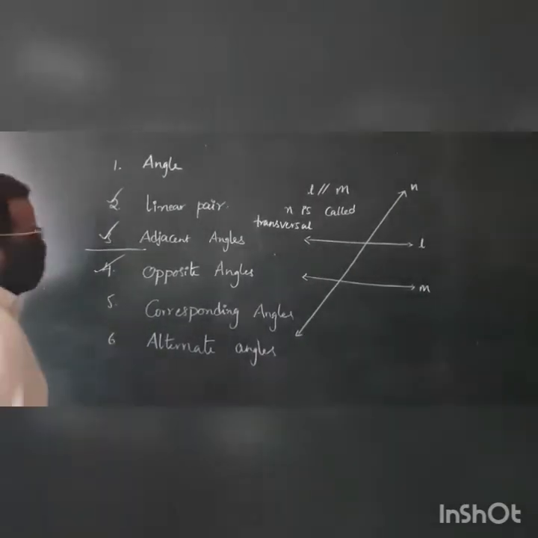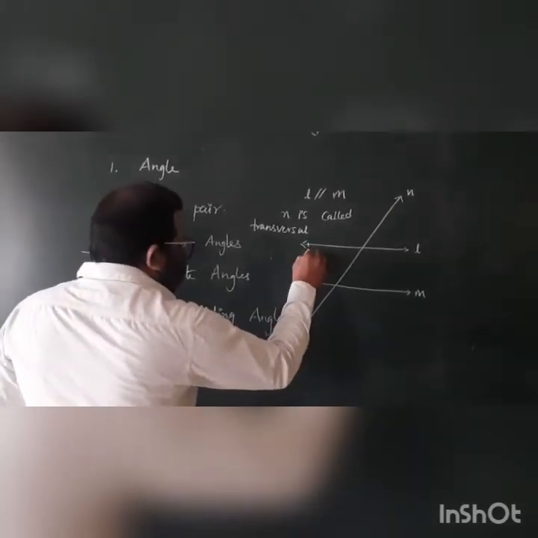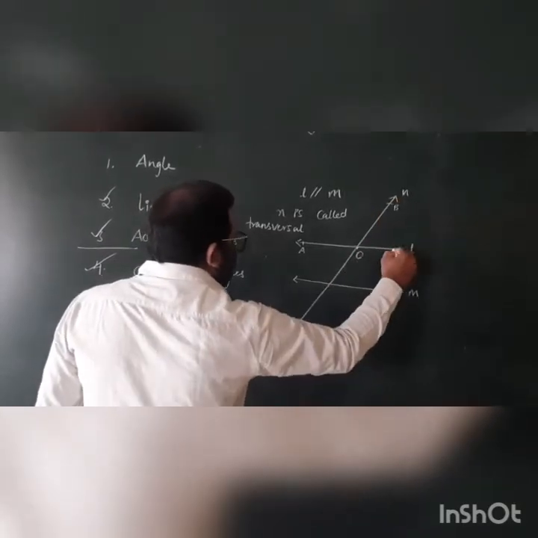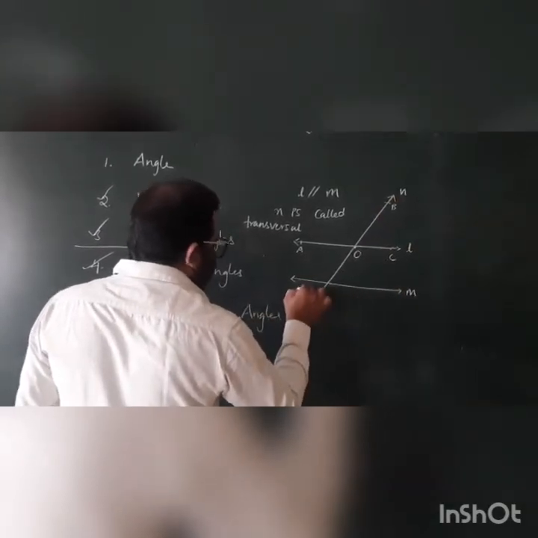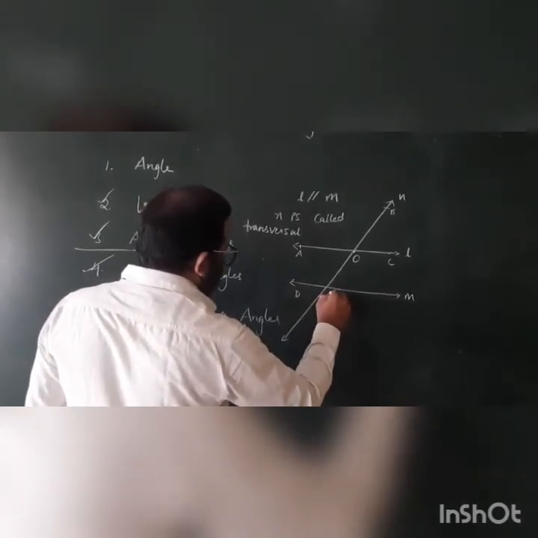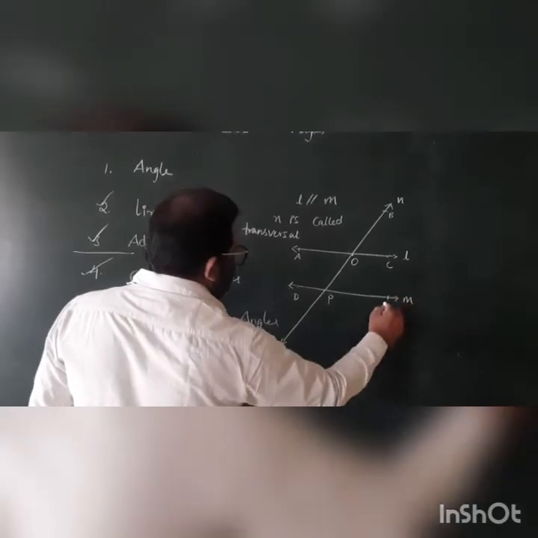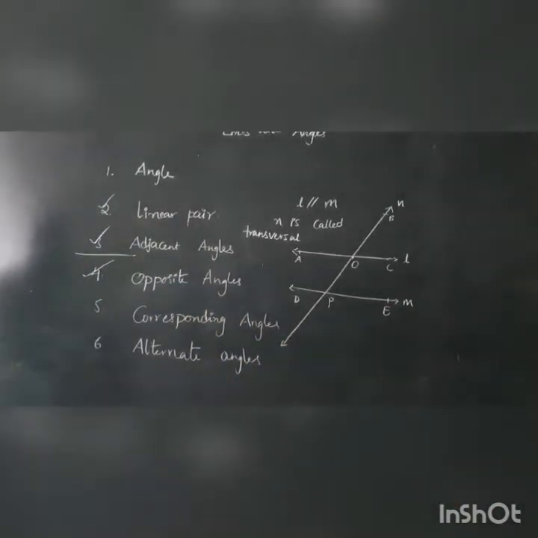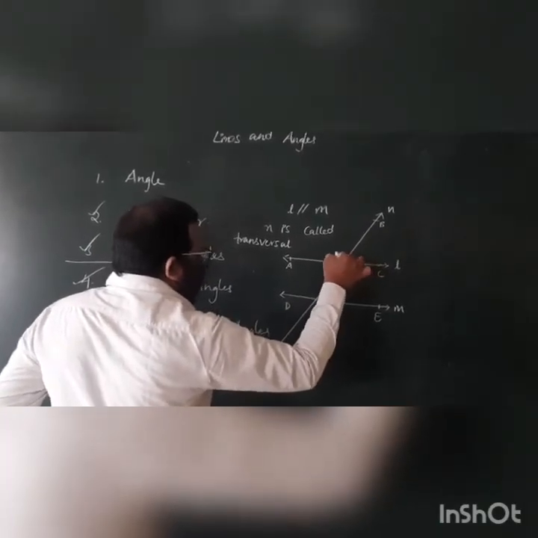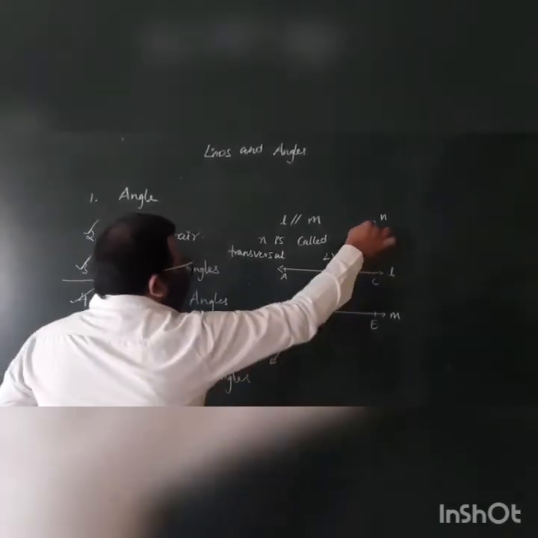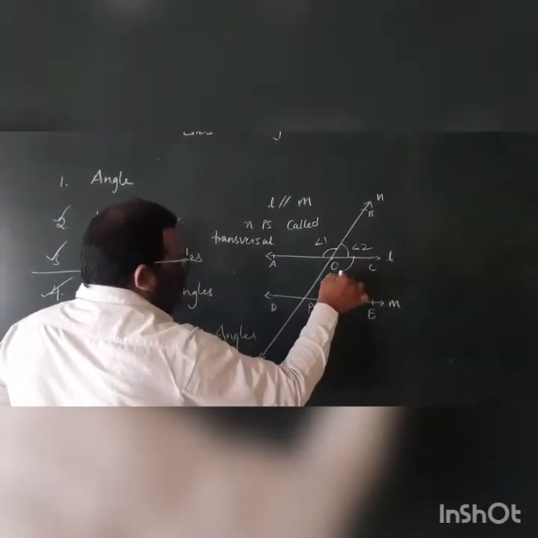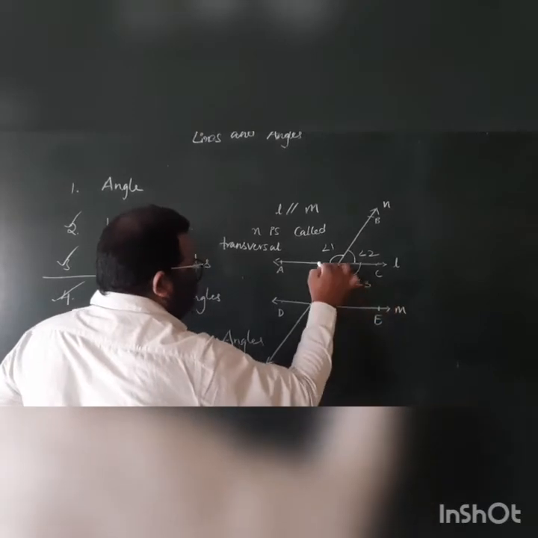Now if you observe, I am taking some namings. Here you can see angle AOB, I am taking this angle as angle 1. BOC, I am taking as angle 2. COP, angle 3.